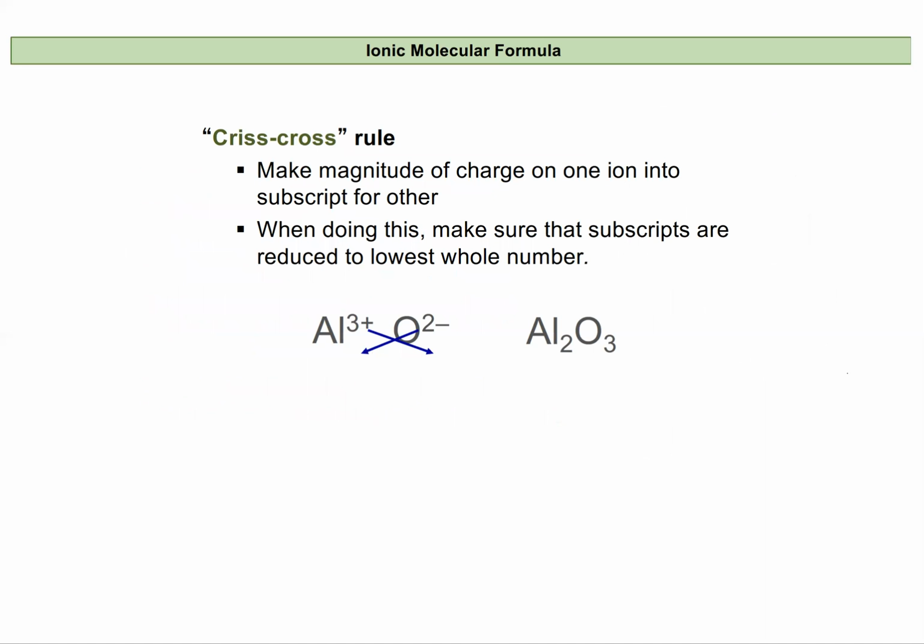Sometimes when you look at the charges of your two ions, it's not really clear right away exactly what ratio you need to combine them in to make sure that you have an overall zero charge. And that's when we can use what we call the Criss-Cross Rule. It's where we take the magnitude of the charge, and magnitude of charge is just saying the size of it.